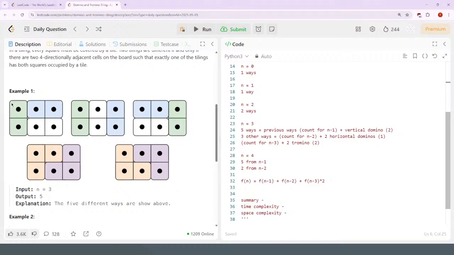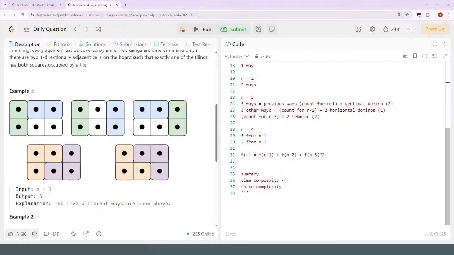And then the number of ways you do n minus 3, and then you have 2 Tromino. So that thing times 2. There's actually 11 different orientations here.